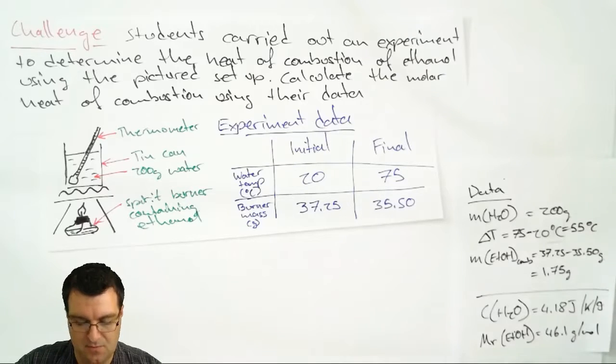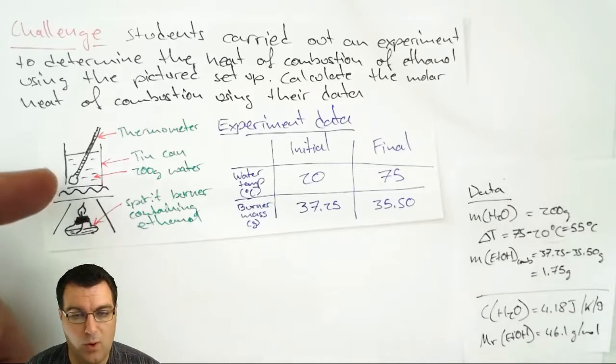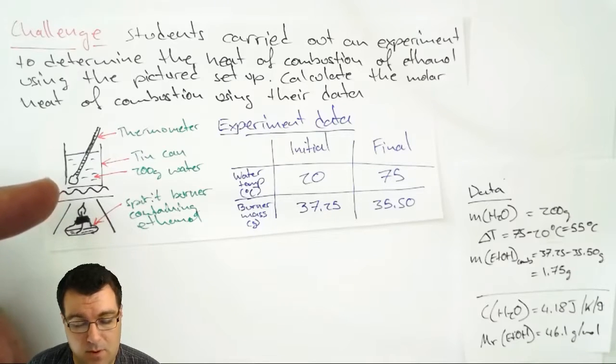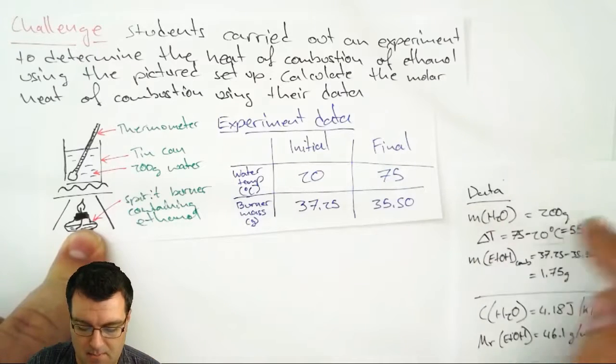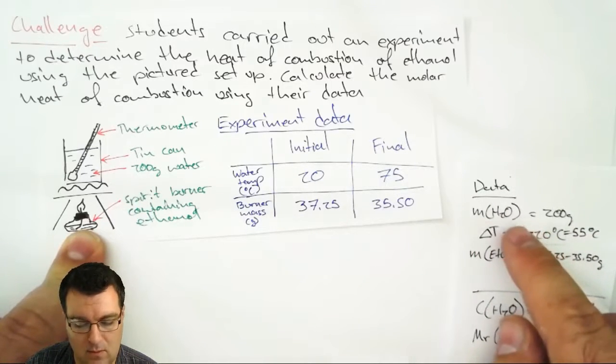First and foremost, we need to know the mass of the water that is found in the tin can held above the spirit burner. You can find that from the diagram just here, so I've got that written as M for mass.